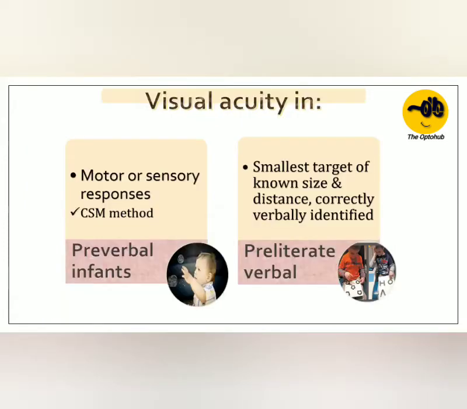So in cases of pre-verbal infants, जो बोल नहीं सकते, in infants we check for motor and sensory responses. ठीक है, तो what we use is the CSM method. वो next slide में बताऊँगी. So in pre-literate but verbal kids, the visual acuity is the smallest target of a known size and known distance which can be correctly and verbally identified by the child.